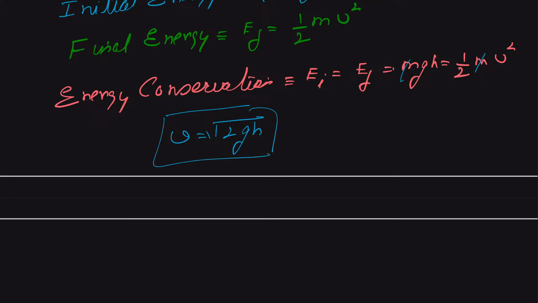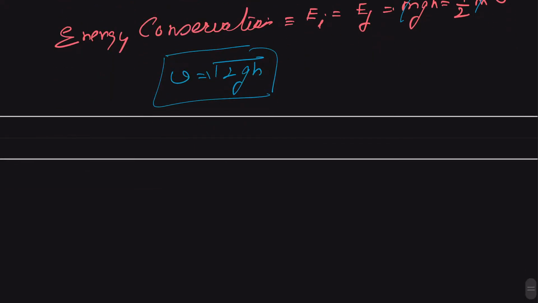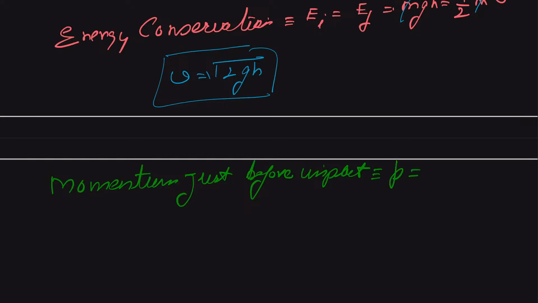From here we can find out the momentum just before the impact. Let us call that P, which will be equal to mass times velocity.